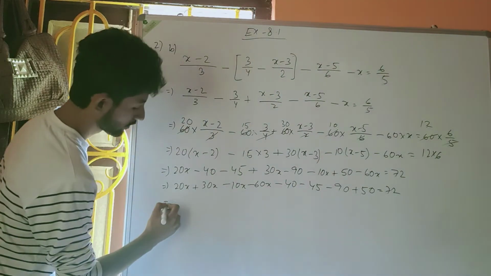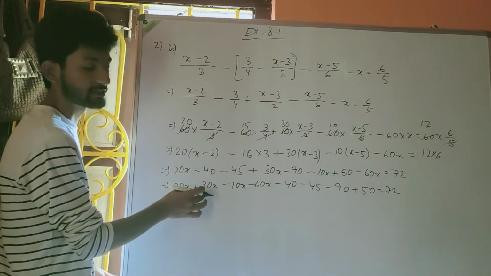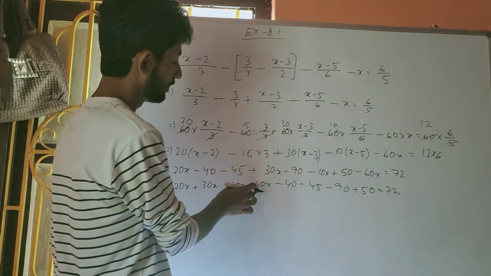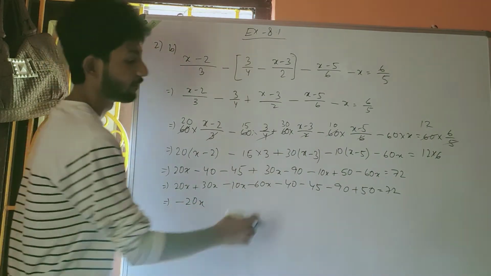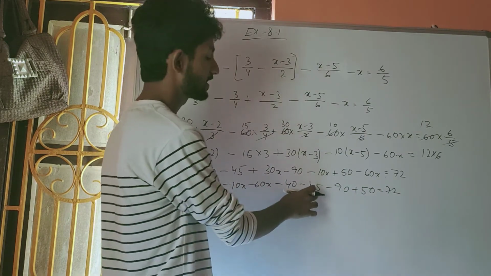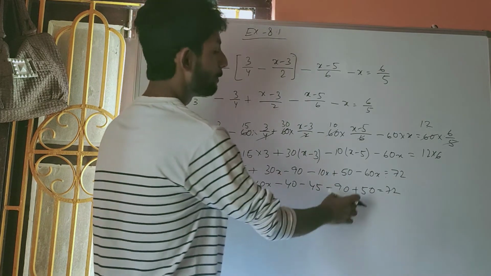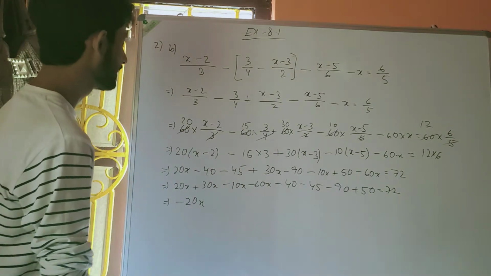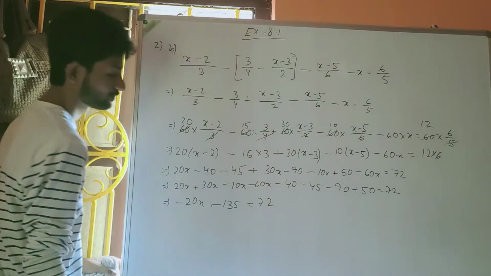Add them. 20 plus 30 is 50, 50 minus 10 is 40, 40 minus 60 is minus 20, so minus 20x. Now minus 40 minus 45 is minus 85, minus 85 minus 90 is minus 175, minus 175 plus 50 is minus 125, so minus 125 equals 72.